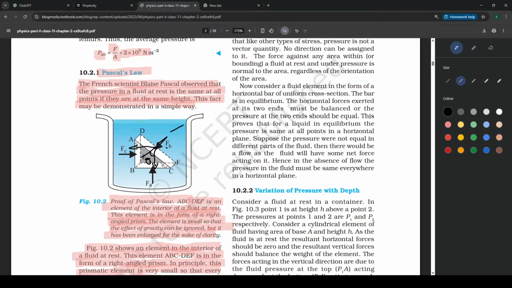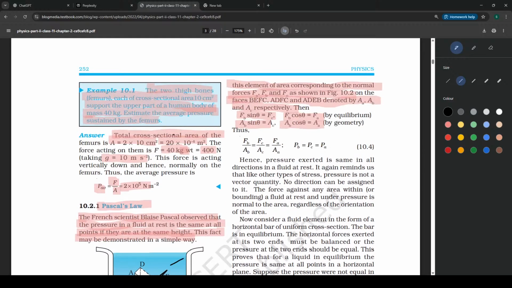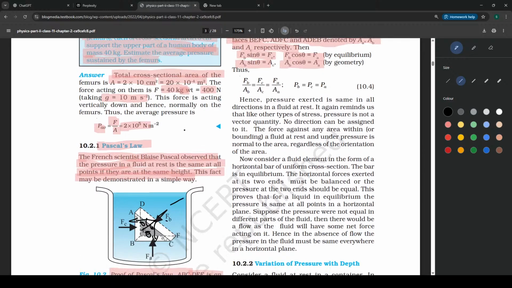Taking angle theta here instead of here, we can write this as sine theta, and FB sine theta is equal to FC.